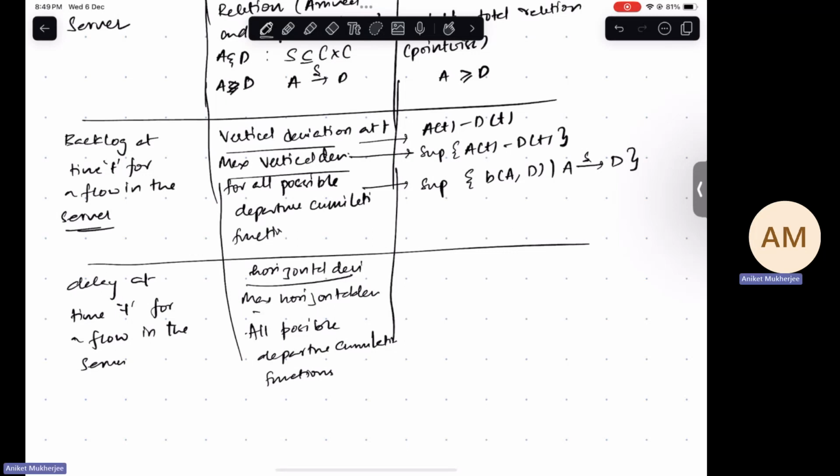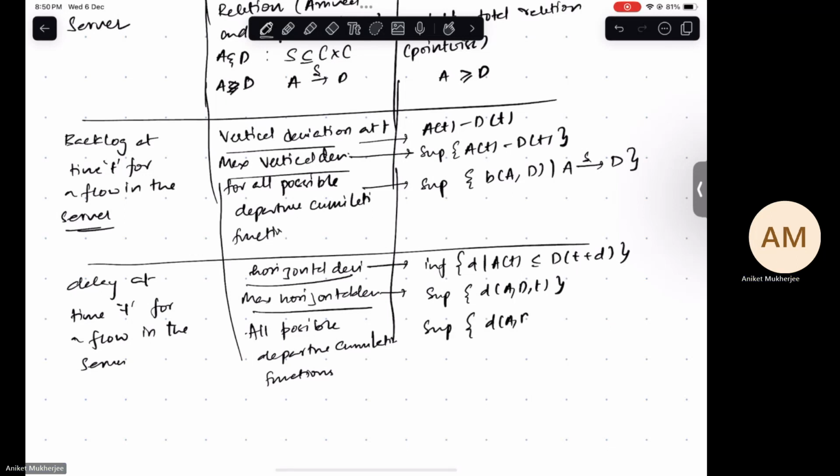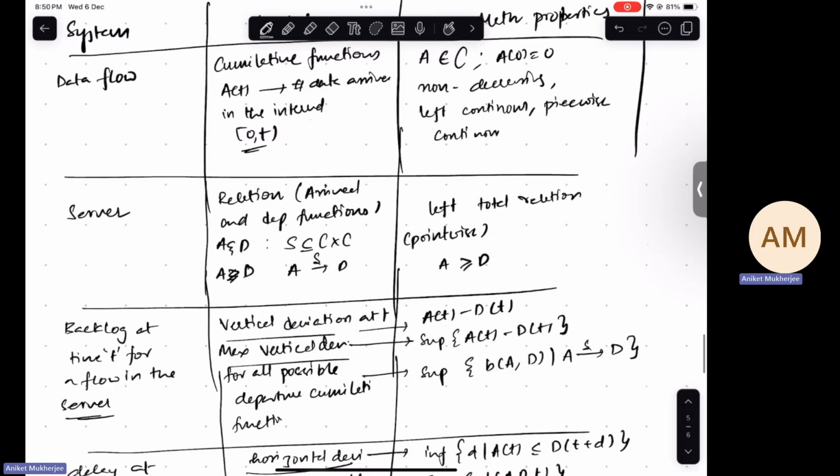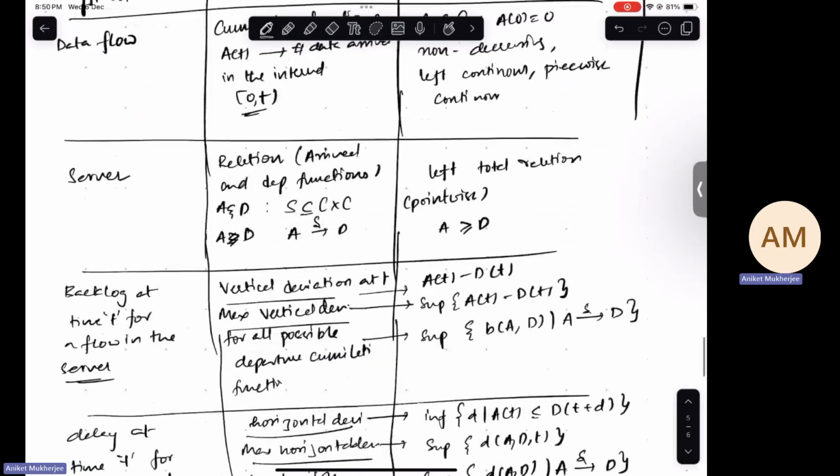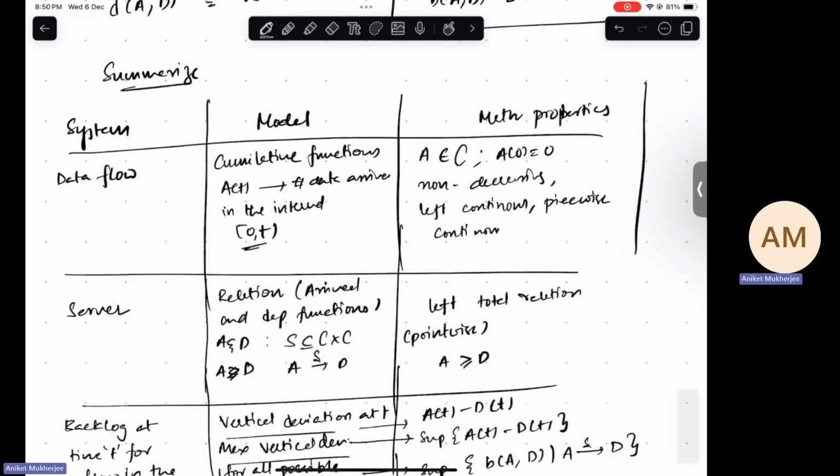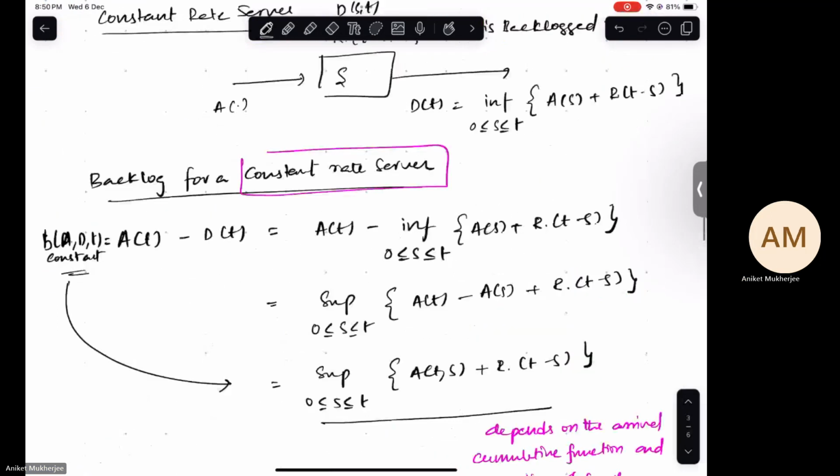Similarly, again, same thing as for the backlog. Here we have the infimum of d such that A(t) is less than or equal to D(t plus d). The next is the supremum over all these, and the next is the supremum over all the possible departure cumulative functions given an arrival cumulative function. So basically, this is the summary of what we have seen till now. You have a system, you have the mathematical model for it, and the properties that it has.